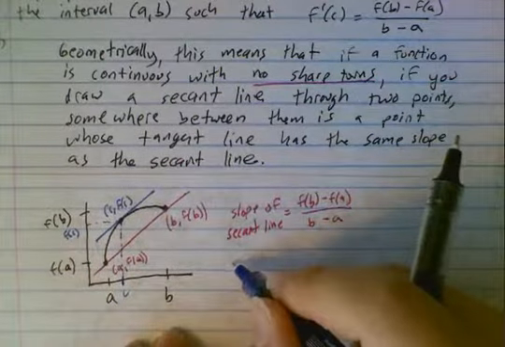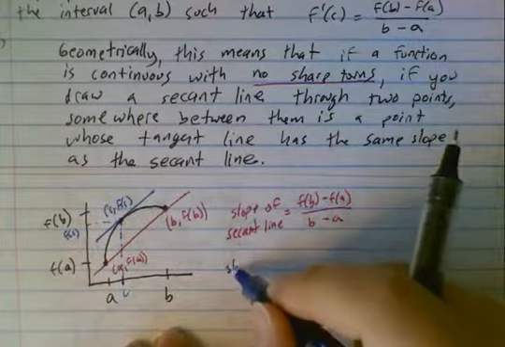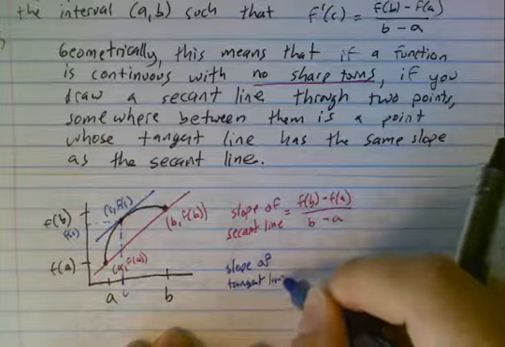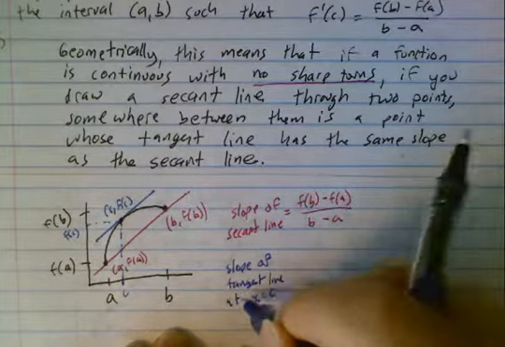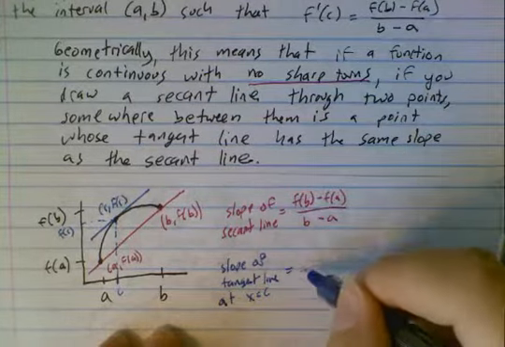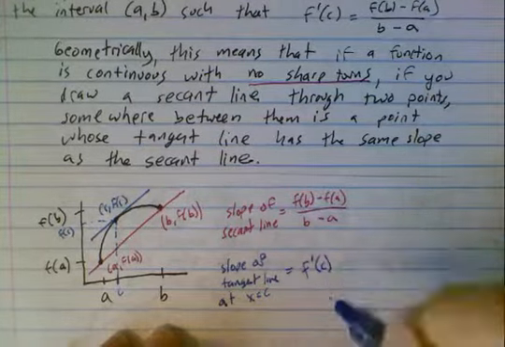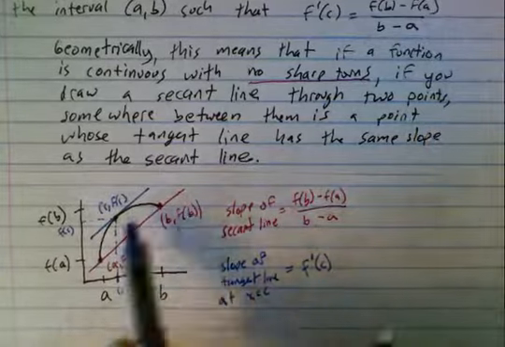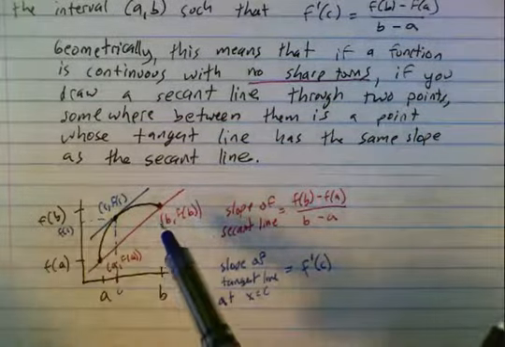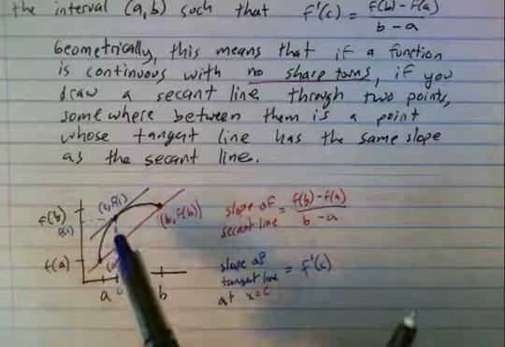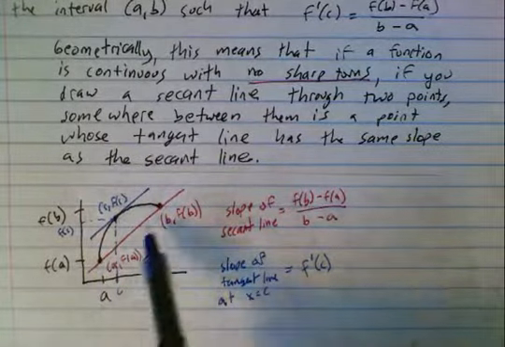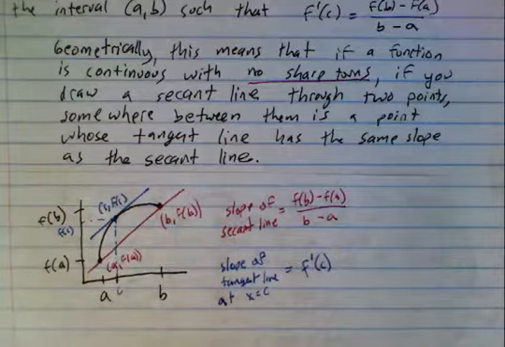We know that the slope of the tangent line at x equals c is f prime of c. That's what this is saying. Somewhere on this interval, there's going to be a point where the slope of the tangent line is the same as the slope of the secant line for the interval overall.